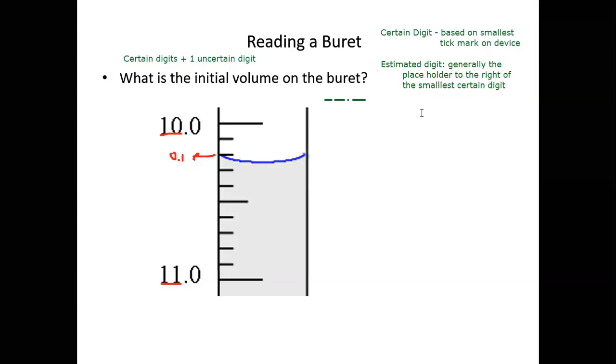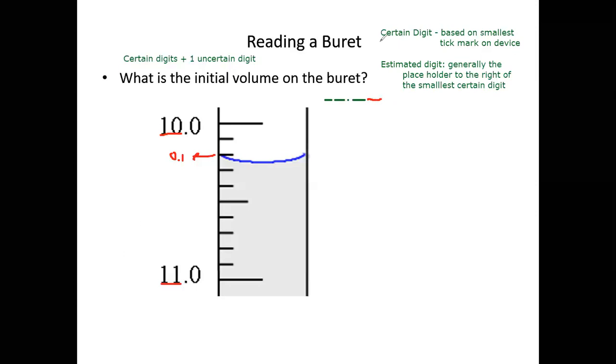So you find out where the last certain digit is. So in this case, the last certain digit is at the tenths place. So that means the estimated digit would be in the hundredths place. So when you record this measurement on the Buret, you would record it to the hundredths place.